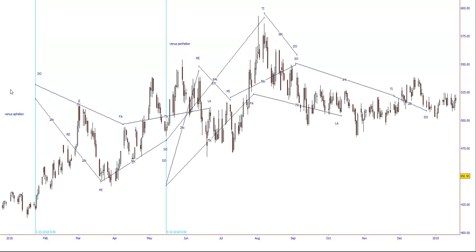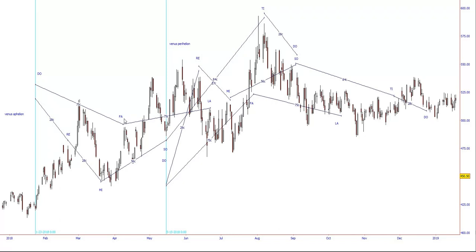Starting over here at the Venus aphelion, measuring off of the aphelion date on the blue vertical line, 75 days takes me to this top here in April. I'm just labeling that the Fa tone, because one third of the cycle would be the Fa area.